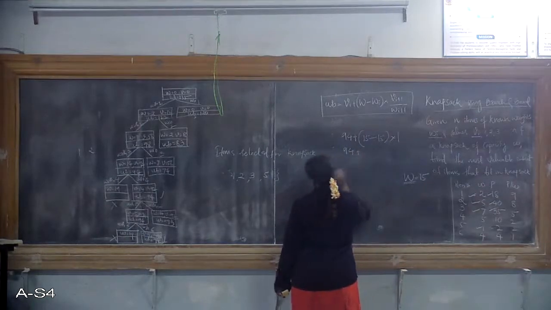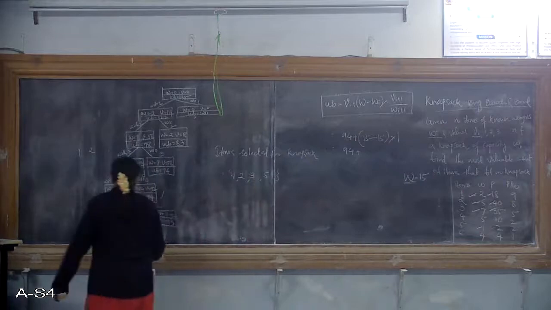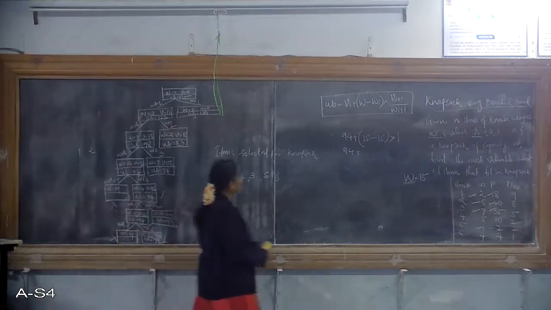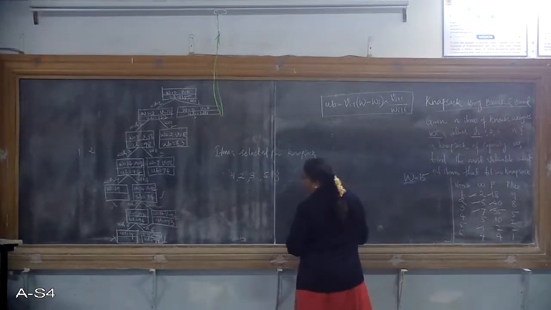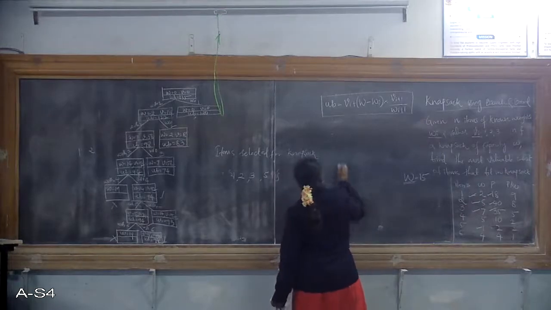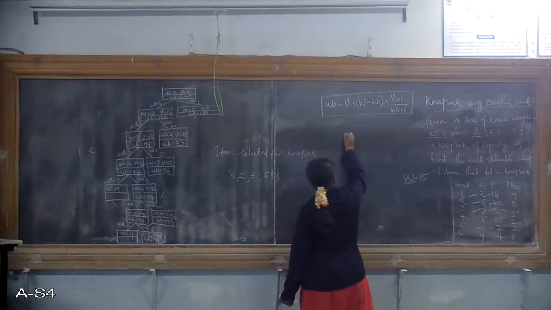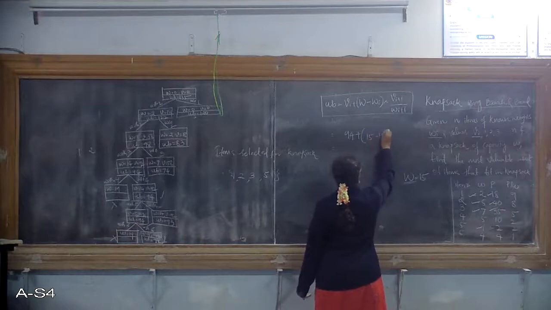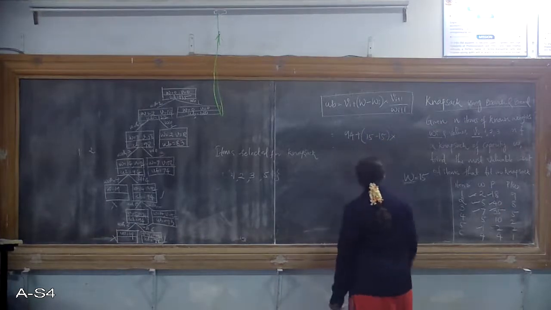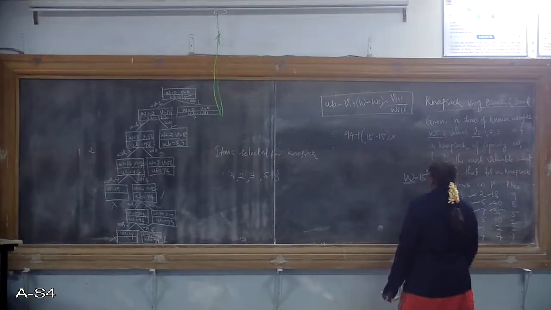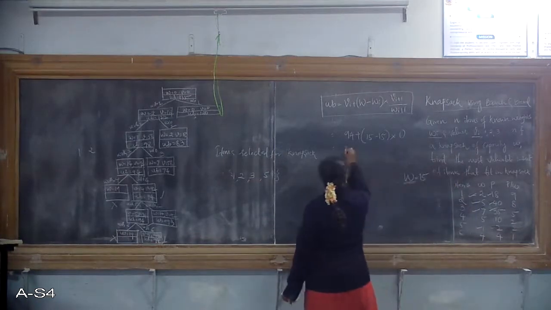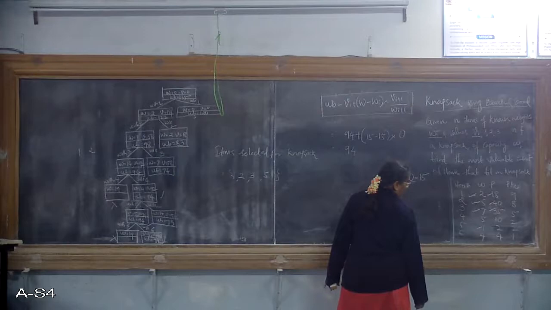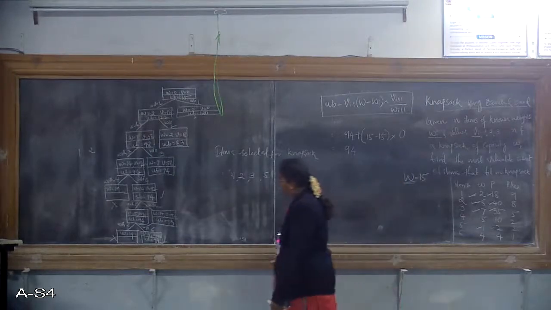So this is also correct. Next, weight is 15 and value is 94. This is 94 plus 15 minus 15 multiplied by 0. So it is 94 only. So here I got 94.